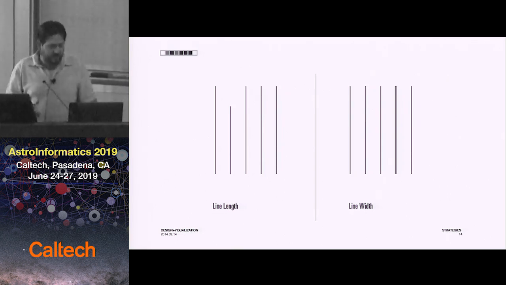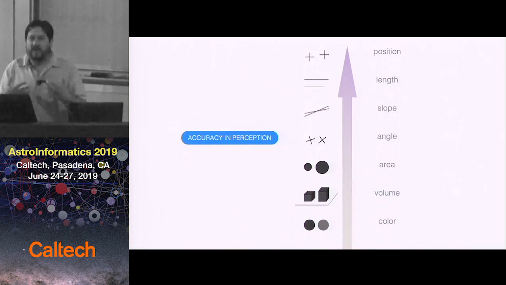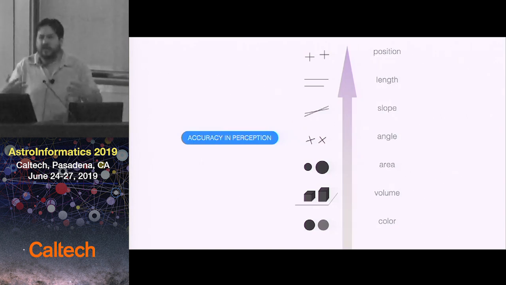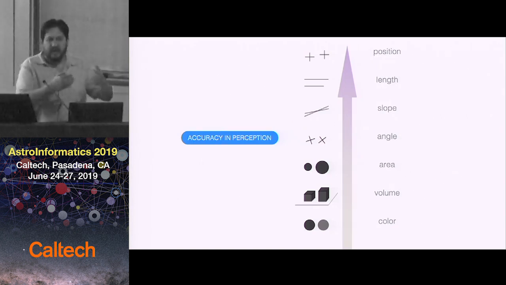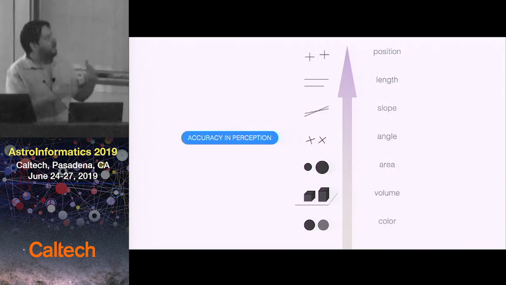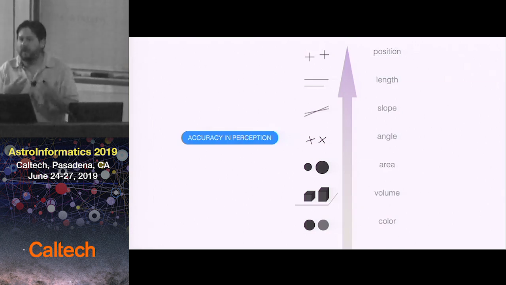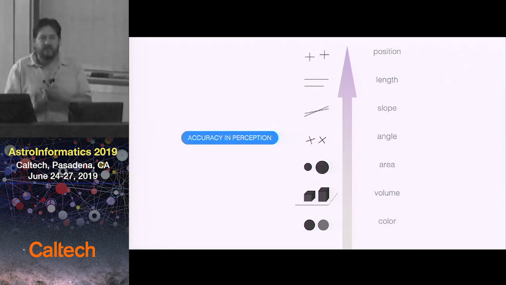And the first answer is, first of all, there's an order to how precise we can be at each of those channels. In general, through HCI studies, people have measured the error when we try to judge things at different positions on the screen, or different lengths or different slopes. Our cognitive system is pretty good at determining position.